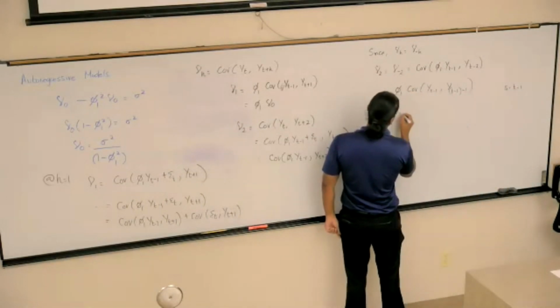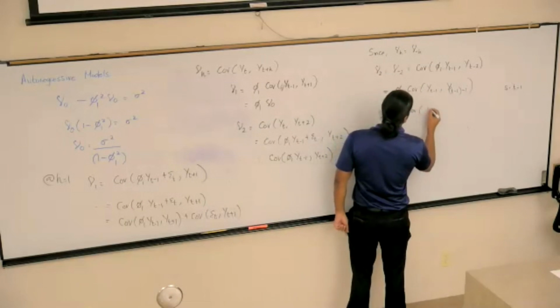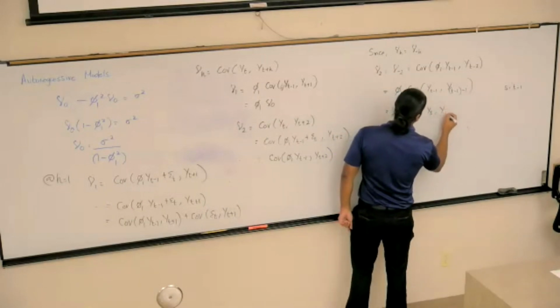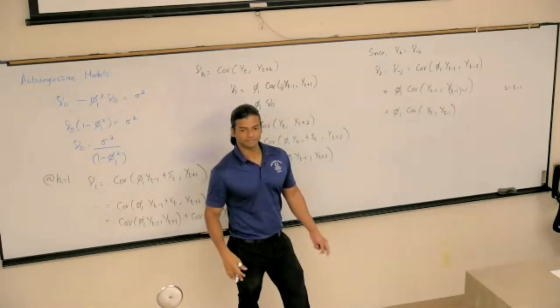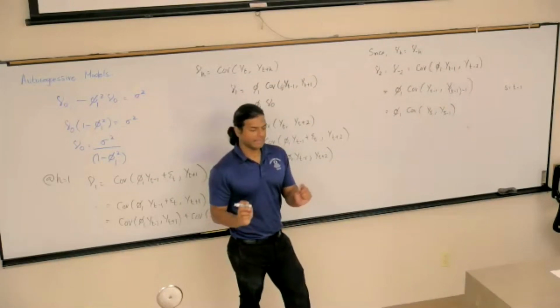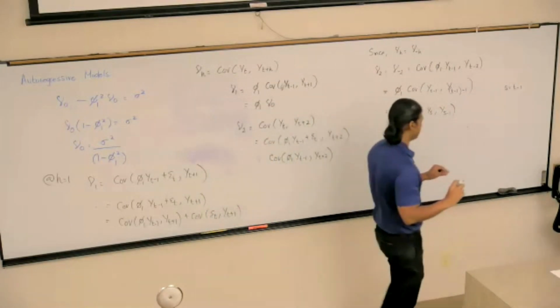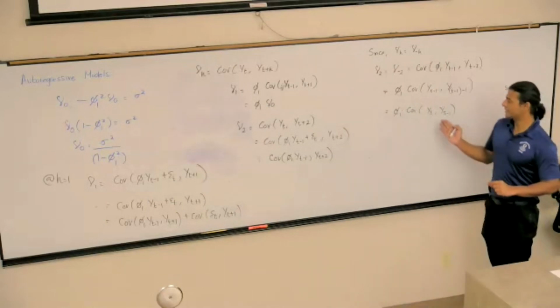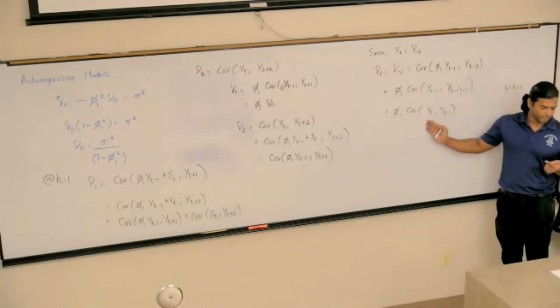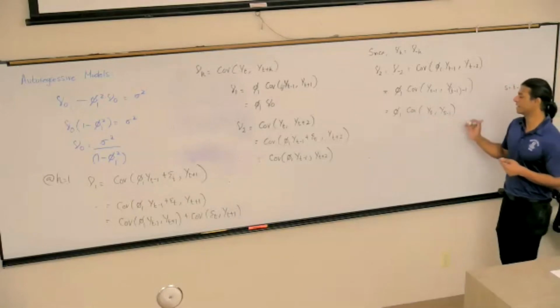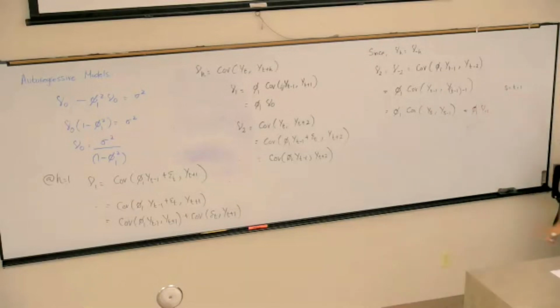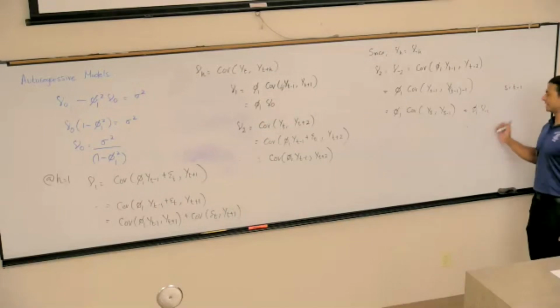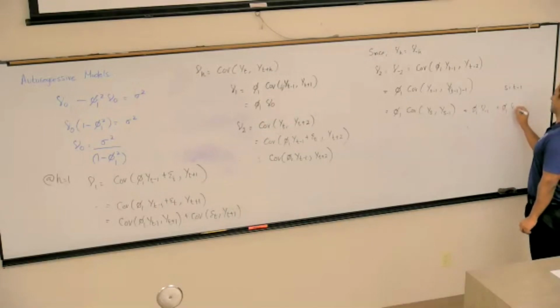Then I would have phi1, covariance of ys, comma, ys minus 1. Correct? I'm just making a substitution so that you can understand it better. Well, what is the covariance between time step s and time step s minus 1? It is just gamma negative 1. Do we agree? But gamma negative 1 is the same as gamma positive 1.